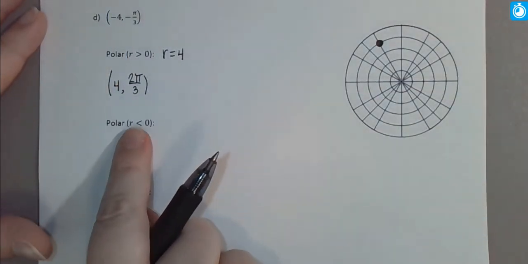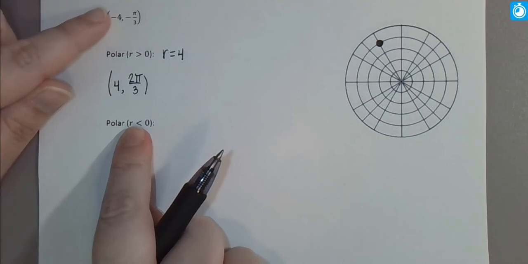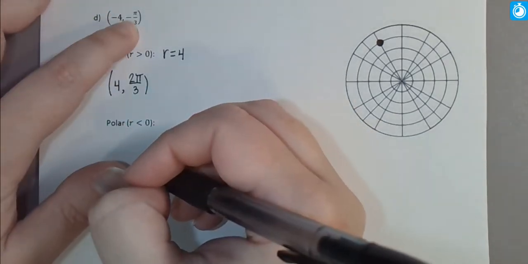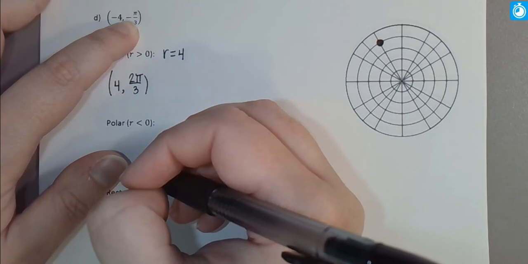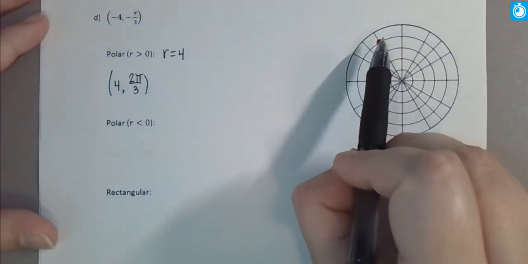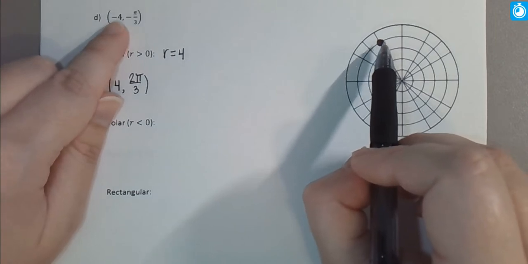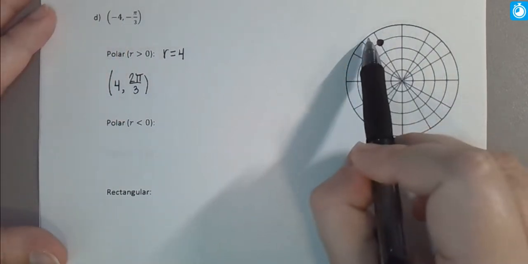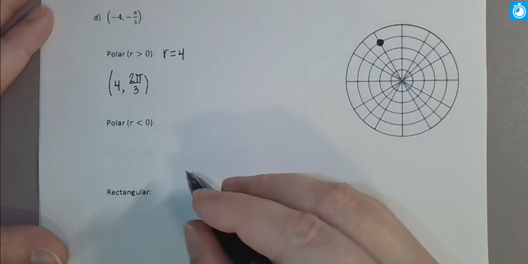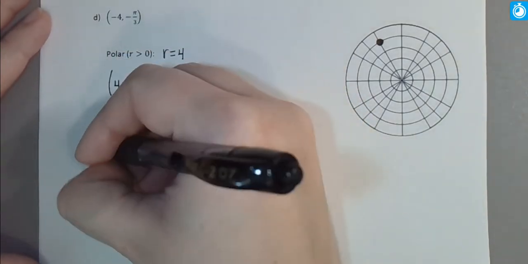Now, if r is negative, that means we're keeping the same value for r, and we could take a value for theta that's coterminal. Coterminal just means we end up right back where we started, and as long as the value of r is the same, using a coterminal angle will take us to the same location. And again, we can always verify that.